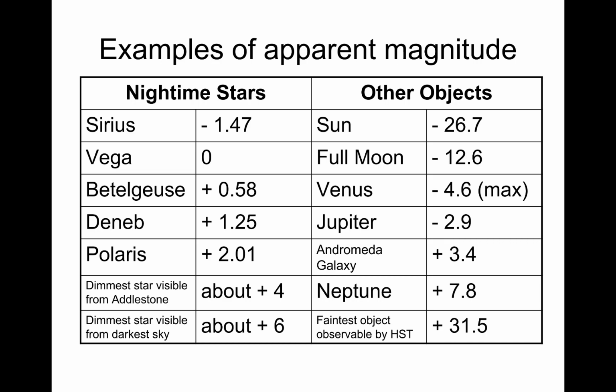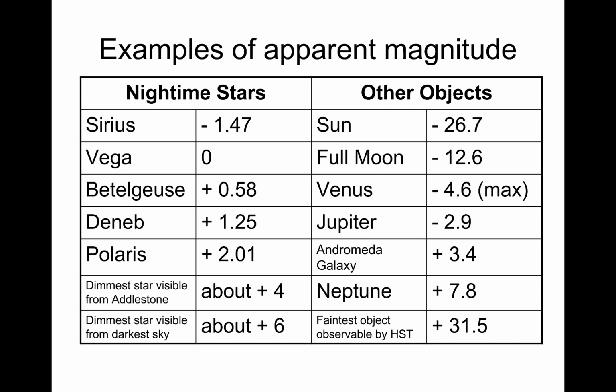Sirius is minus 1.47. The sun obviously is extremely bright, the highest power output close to the Earth basically, so that's got the lowest apparent magnitude of minus 26.7. The full moon's obviously bright from Earth, so that's minus 12.6. So basically the negative values of apparent magnitude mean that they appear brighter from the planet Earth.